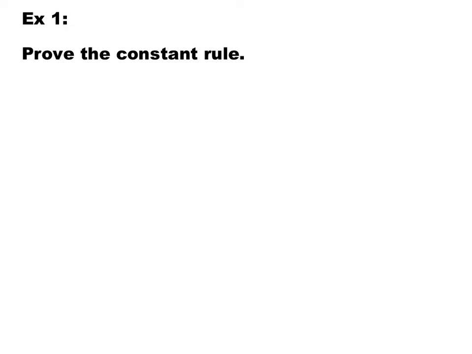So let's say that the function f of x is equal to c, a constant. We know that the derivative of f, which is f prime, is the limit as h goes to 0 of f of x plus h minus f of x, divided by h.